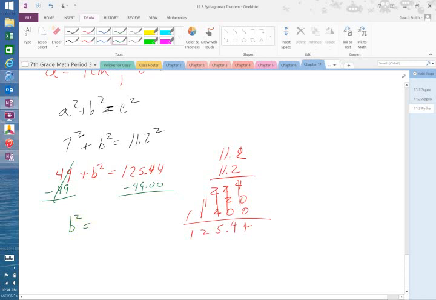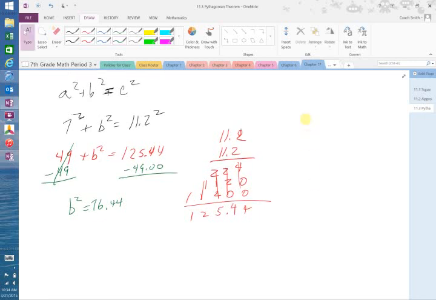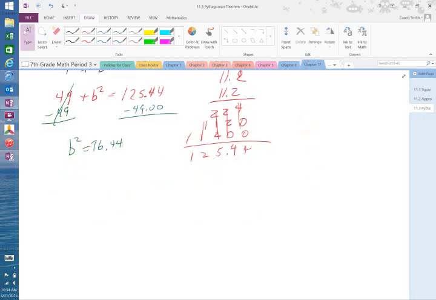So B squared equals, that's going to be 76.44. Check me on that. I think it's right, but I may have made a mistake. I don't think I did, but be the first one ever, but you know. All right, so B squared equals 76.44.